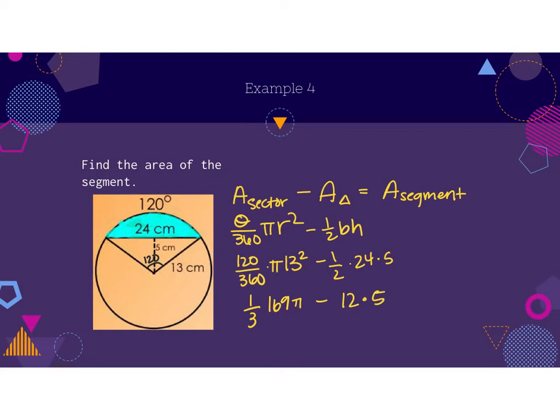We can keep simplifying. I know that 169 is only divisible by 1 and 13, so 169 over 3 times pi minus 12 times 5, which is 60. The first term has pi, the second term does not have pi, so they are not like terms, which means that this is our final answer.